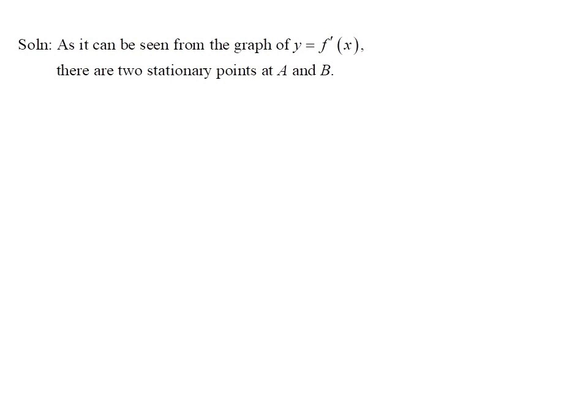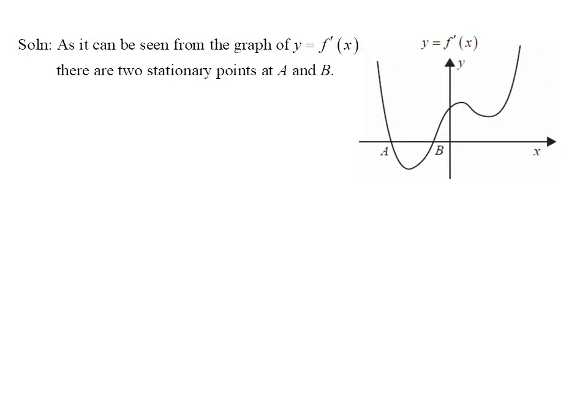Based on the given graph of the derivative function, there are two stationary points, A and B, in the original function graph. As it can be seen, when x less than A or x greater than B, f prime of x is greater than 0, which implies that f of x is increasing when x is less than A or x is greater than B.